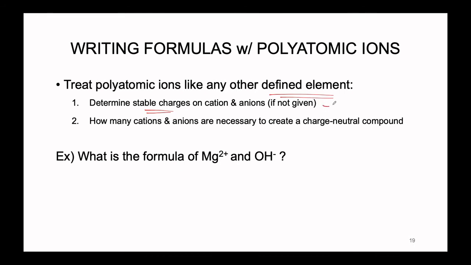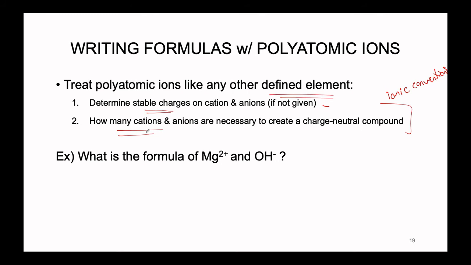So notice that we are following the first rule and the second rule. We are treating these polyatomic ions as ions and following the ionic conventions. So we need to know the stable charges, and we need to know how many of the cations and anions we need to make a charge-neutral compound.